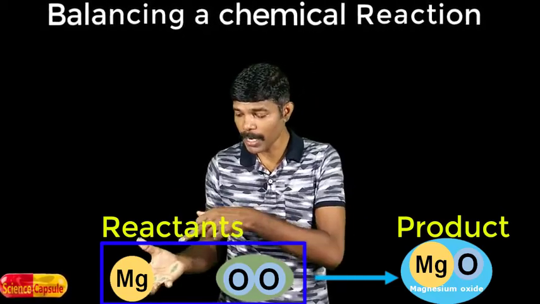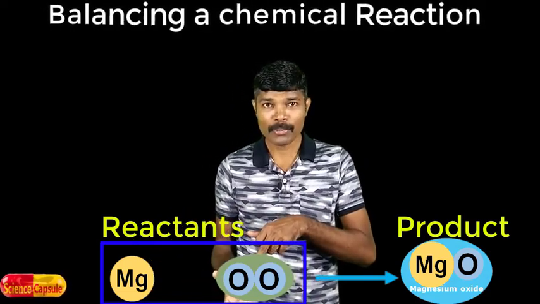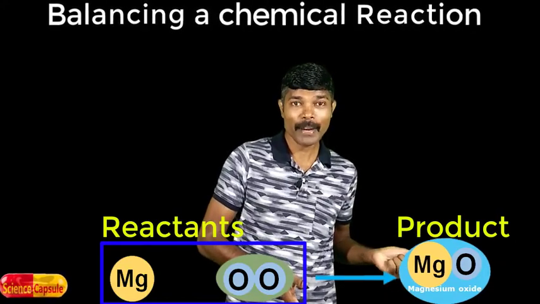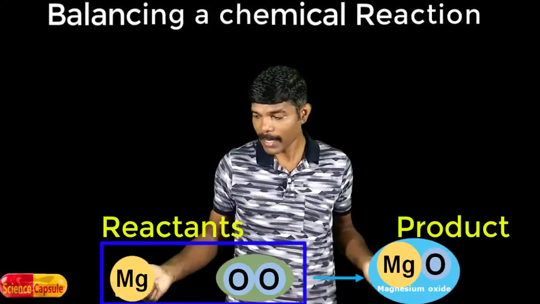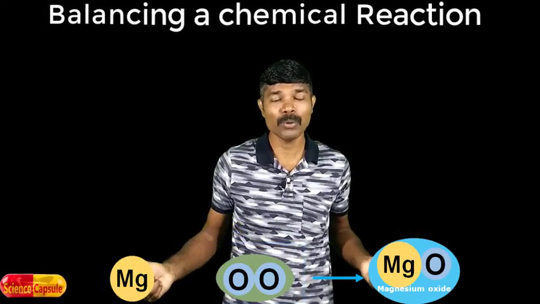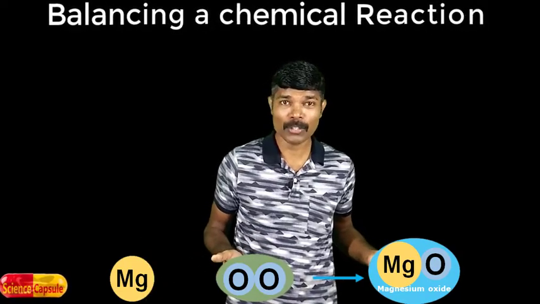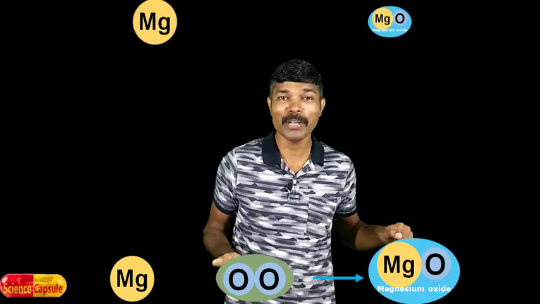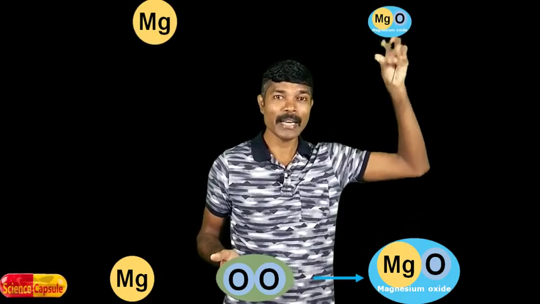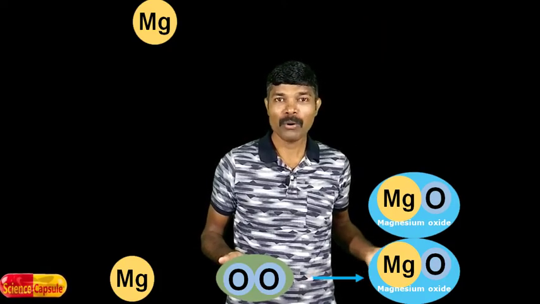Here you see only 1 magnesium atom and 2 atoms of oxygen. On the other side, in magnesium oxide, you will find 1 magnesium atom. So, magnesium atoms are balanced on both sides, whereas for oxygen, here you see 2 atoms, but in magnesium oxide you will find only 1 oxygen atom. Now, here magnesium oxide is there. I am adding 1 more magnesium oxide. So, now there are 2 oxygen atoms.